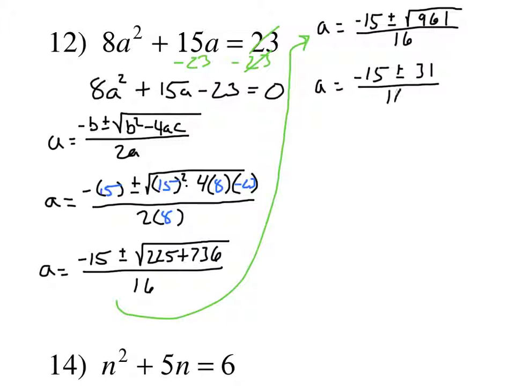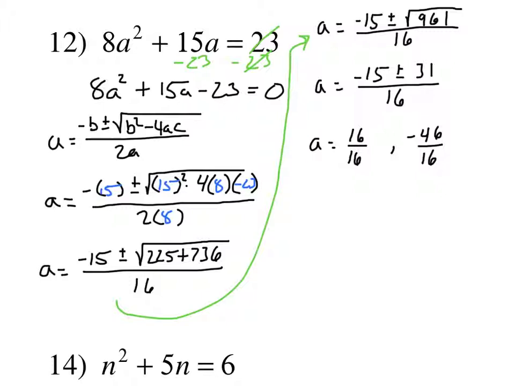Perfect. Again, you can't leave your answer like this. We actually have to break that up. So negative 15 plus 31 is 16. So we have 16 divided by 16, and the other answer is negative 15 minus 31, negative 46. Negative 46 over 16.